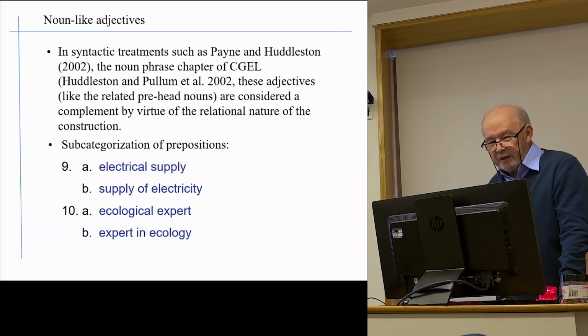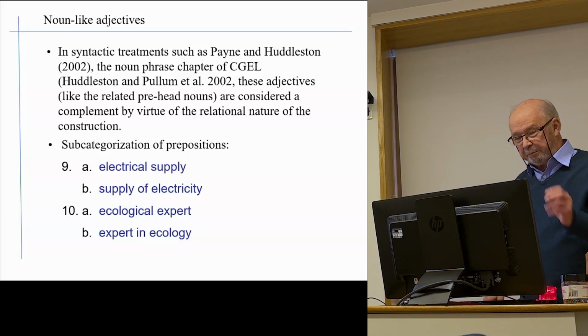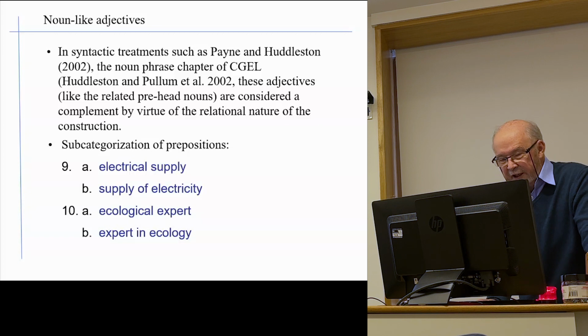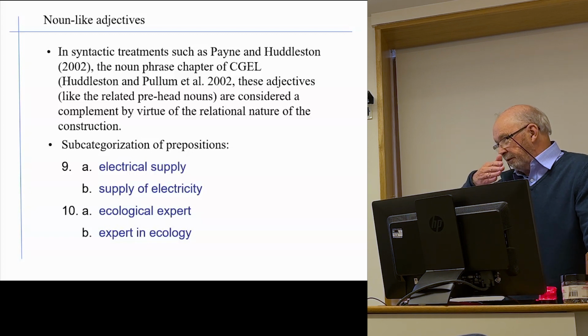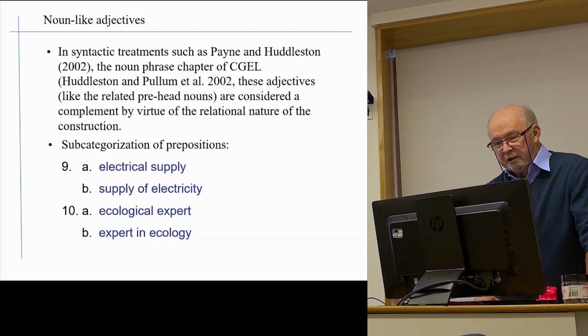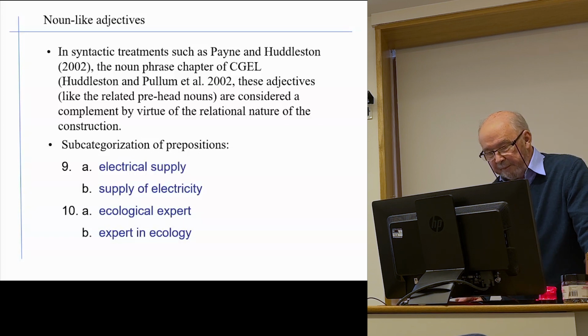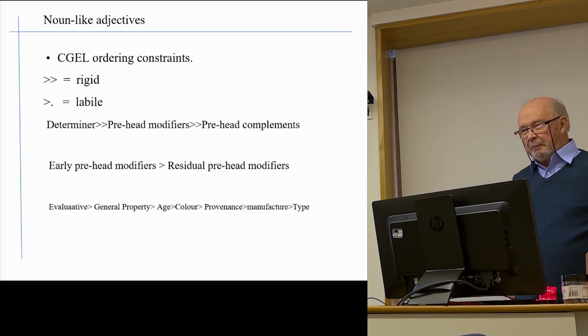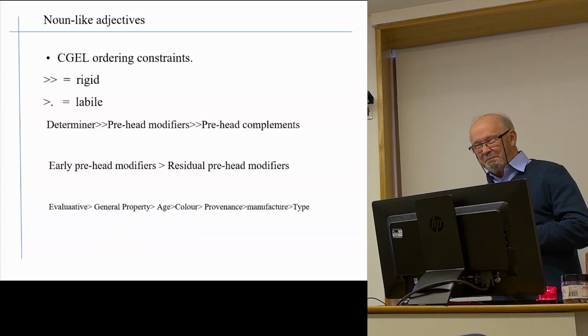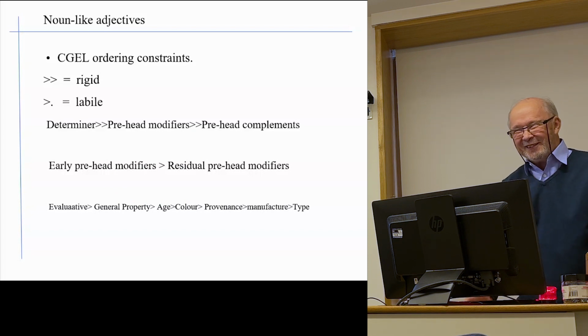So, subcategorization of prepositions was the argument used here. Electrical supply, supply of electricity. Ecological expert, expert in ecology. It's the same argument that was used right from the beginning by Radford. Now, am I happy with that? Probably not. I think that's going to be the main point of today's talk.